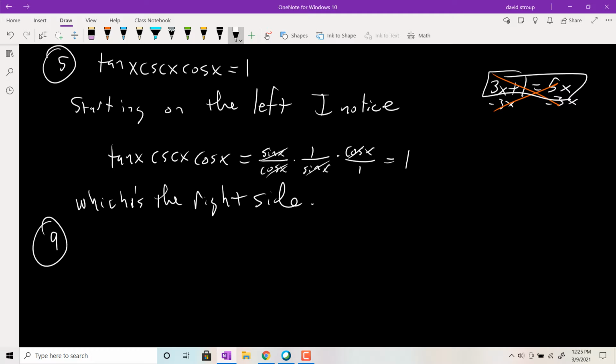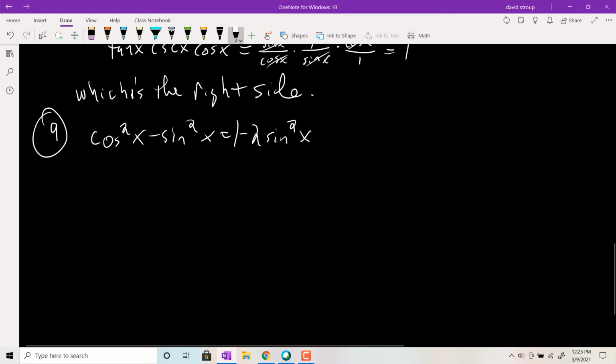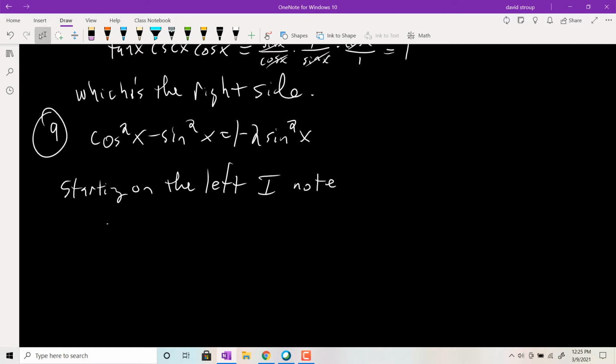All right, let's look at another one, number 9. We have cosine squared x minus sine squared x equals 1 minus 2 sine squared x. I think I'll start on the left again. Starting on the left, I want to see that written, I note cosine squared x minus sine squared x equals. If you look on the right, you want to end up with something just in terms of sines.